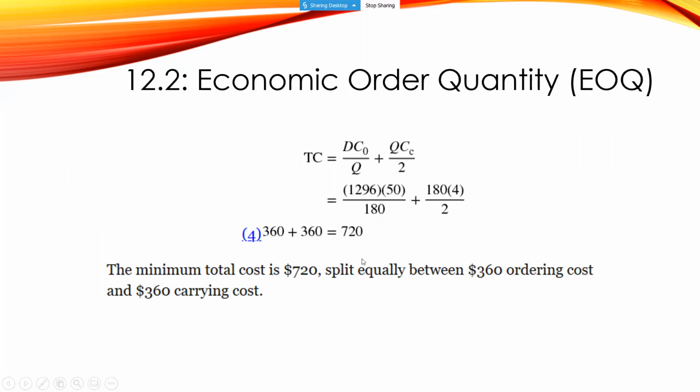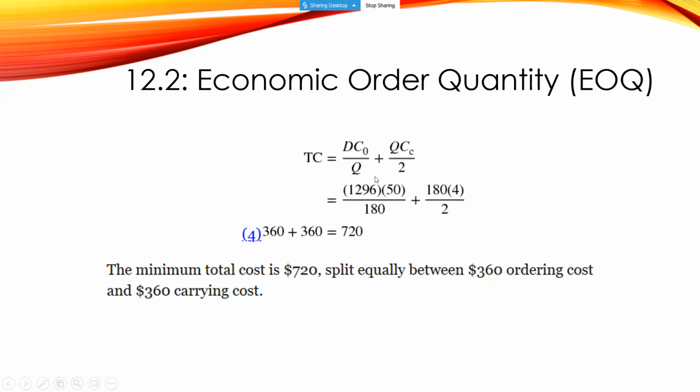So first I need to come up with the total cost of inventory based off of an economic order quantity of 180. And that formula is up here. That's the addition of your annual ordering cost plus your annual carrying cost formulas.